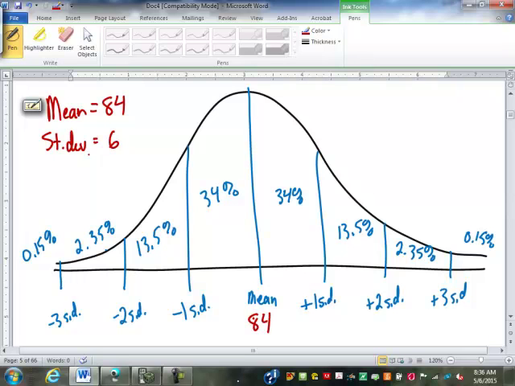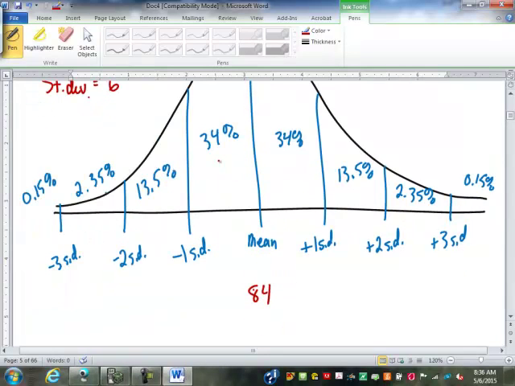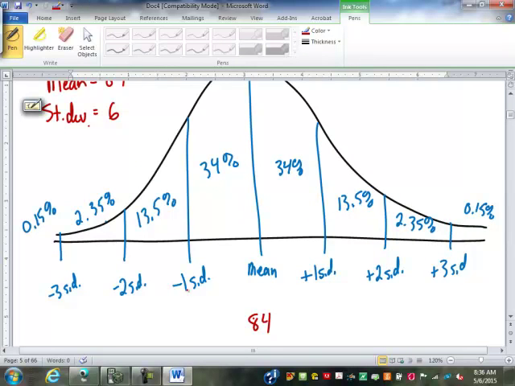I put 84 there. The standard deviation is 6. When I move to the left, I'm going to subtract the standard deviation. I'm going to subtract 6. What's 84 minus 6? 78. Minus another 6. 72, and minus another 6. 66, right?